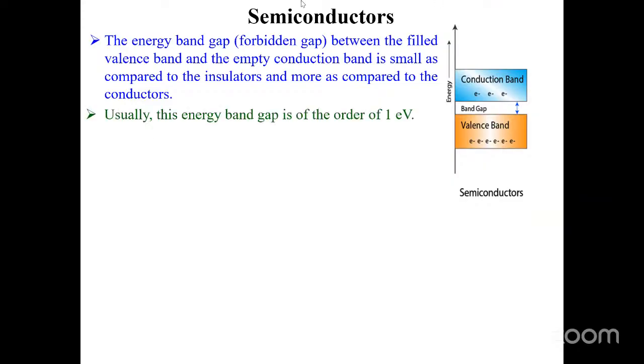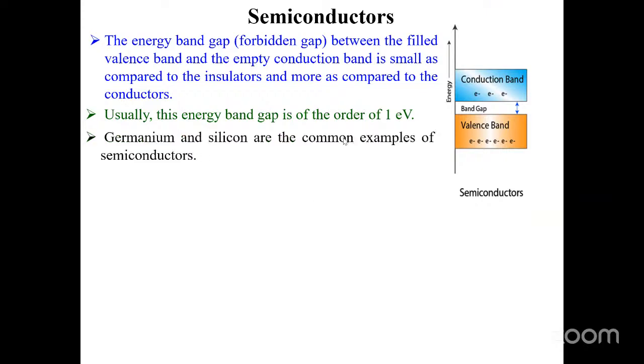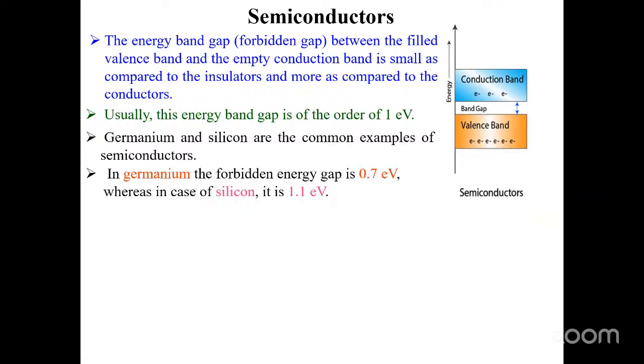The energy band gap is on the order of 1 electron volt. Germanium and silicon are examples of semiconductors. The gap for germanium is 0.7 electron volts and for silicon it is 1 electron volt.